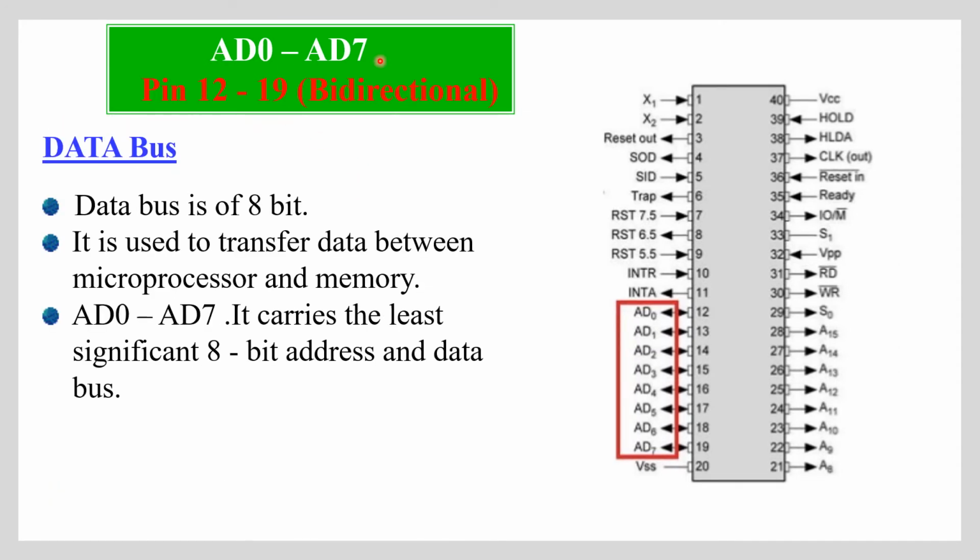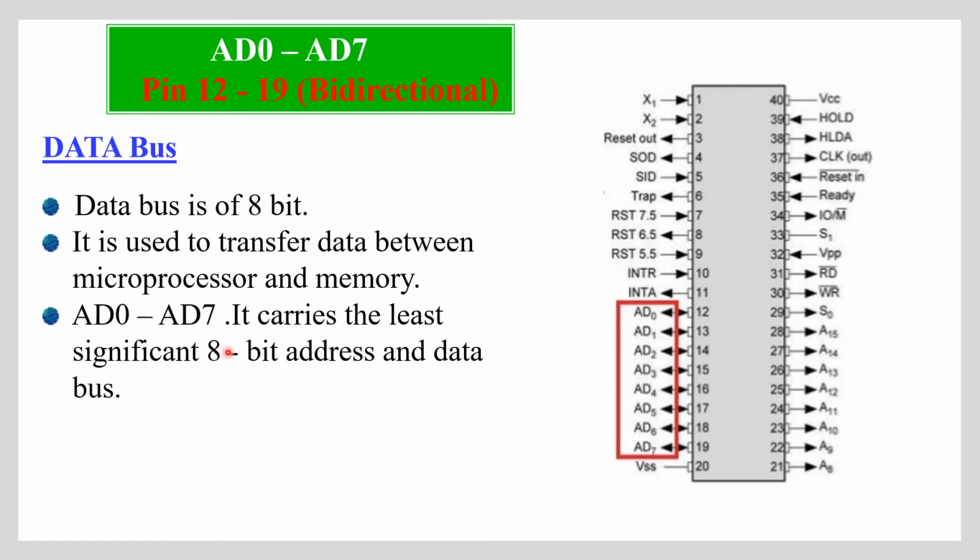Now AD0 to AD7, that is pin number 12 to 19, are bidirectional. So the data bus is 8-bit. It is used to transfer data between the microprocessor and memory or peripheral devices.